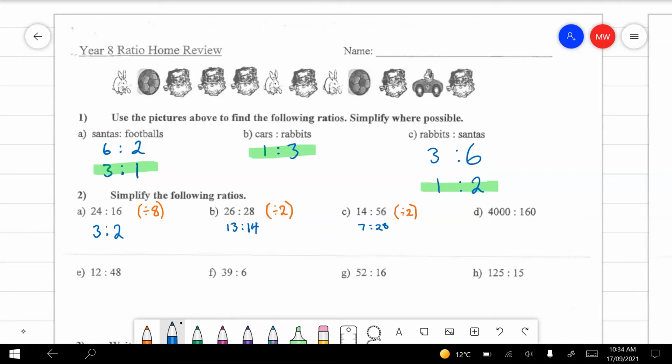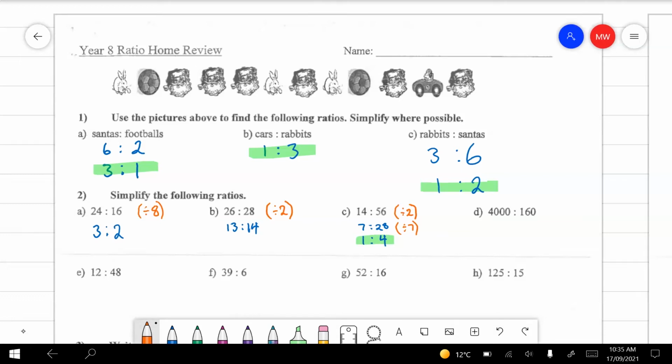And then I can see that 7 goes into both of those numbers, so I could divide them by 7 again, and I'd end up with 1 to 4. So I've ended up at the same answer anyway. If I had done this straight out as 14 goes into both of those, then I would have skipped straight to 1 to 4.